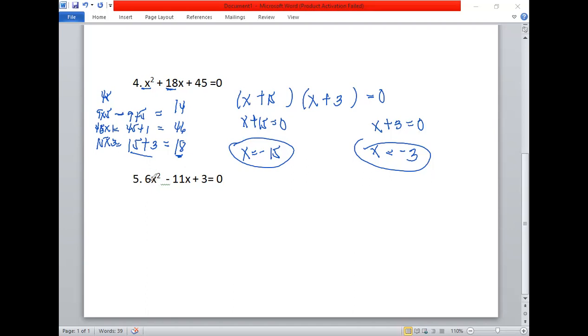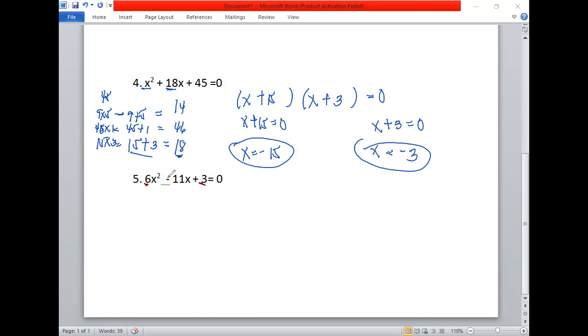If we have a numerical coefficient for x squared that is not equal to 1, we need to multiply the numerical coefficient a and the constant value c, what we call the AC method. We need to multiply 6 and 3, the first and the last term.